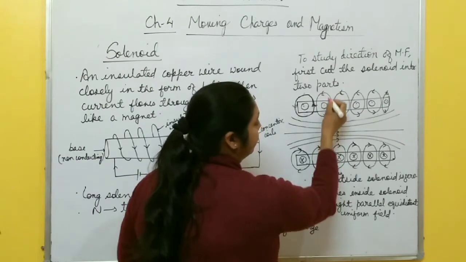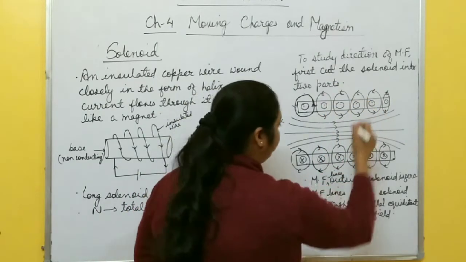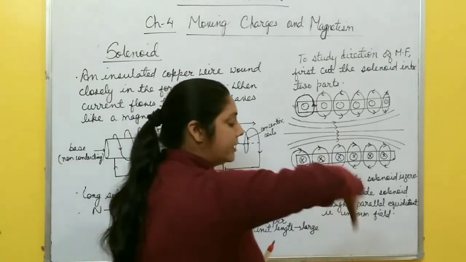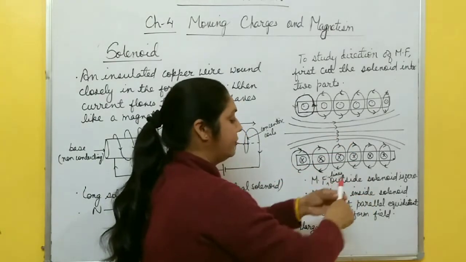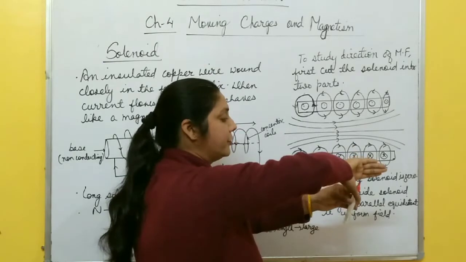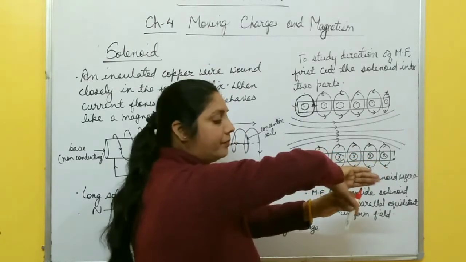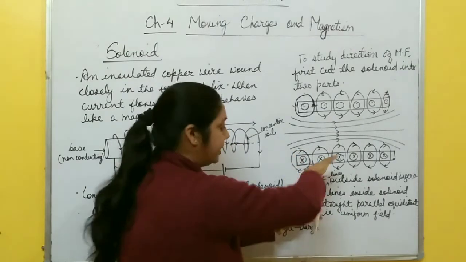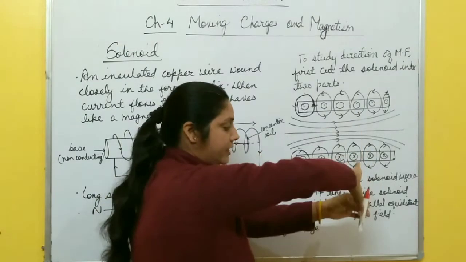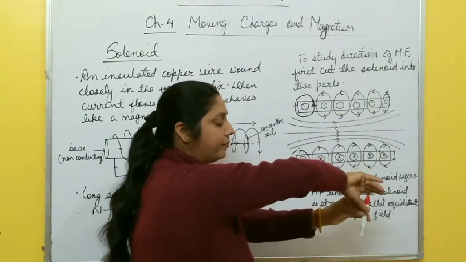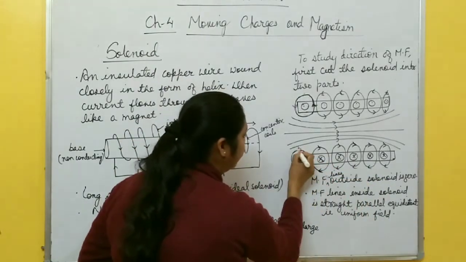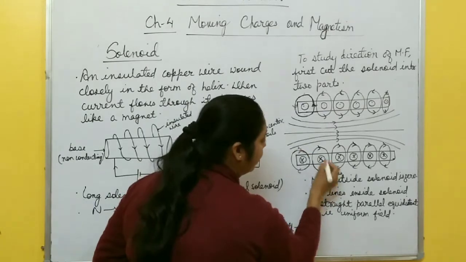In the lower section, current is in the downward direction. If current is downward, you curl your four fingers in the clockwise direction. So here the direction of magnetic field in all the coils is clockwise.